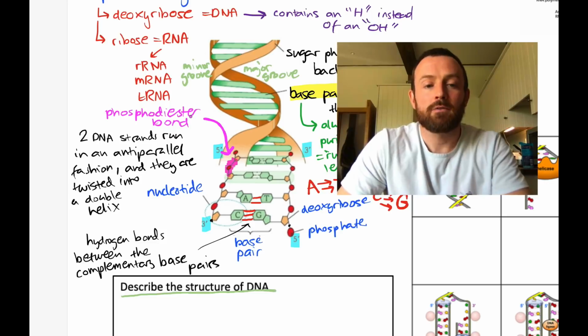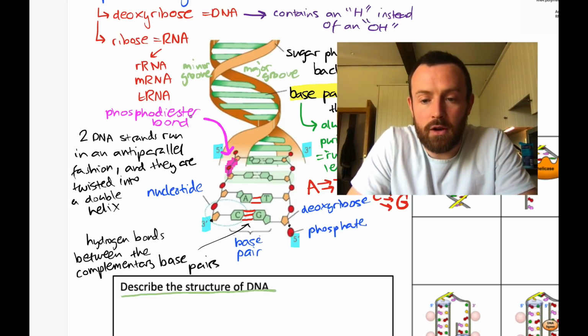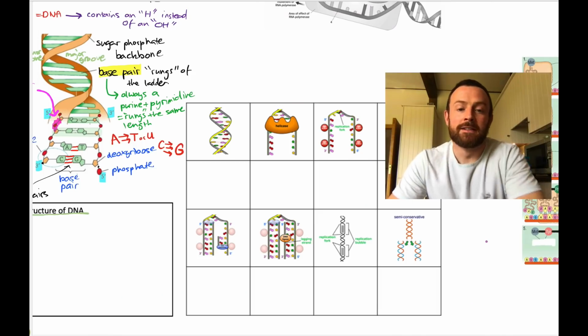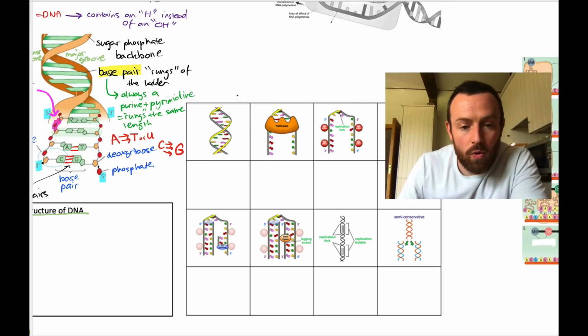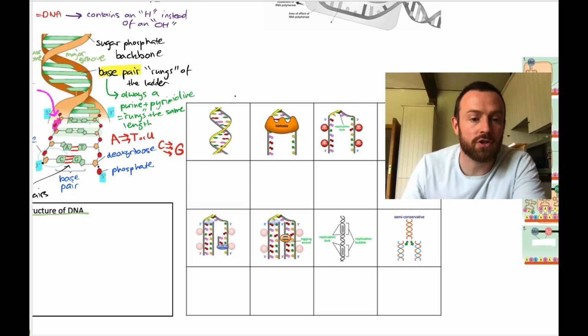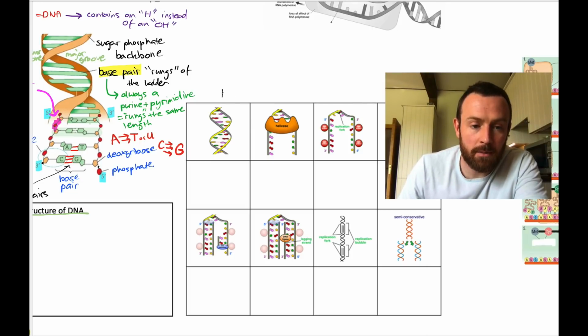Okay, right. Let's move on and talk about DNA replication. Right, on to DNA replication. Okay, so this whole box here is the sequence, kind of cartoon strip style, of the events of DNA replication.